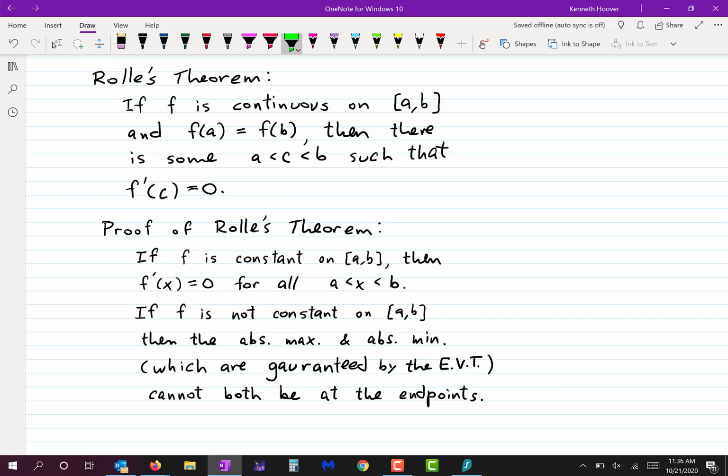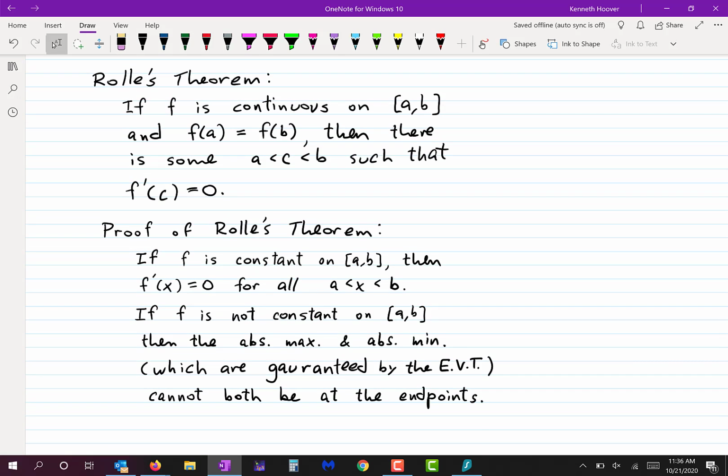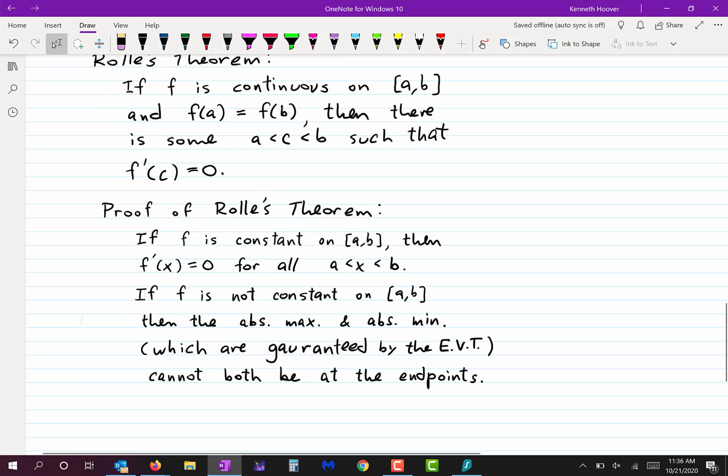But we're looking at the case where f is not constant. And so the max and min can't be the same. So they can't both be at the endpoints because the endpoints are the same. Okay? So either the absolute max or the absolute min, or both, have to occur somewhere between a and b.